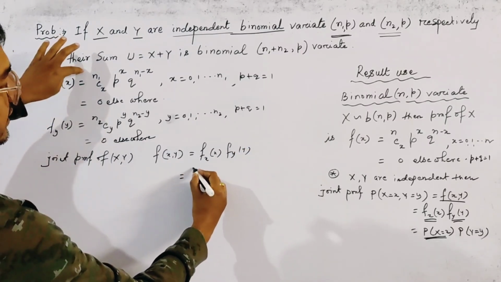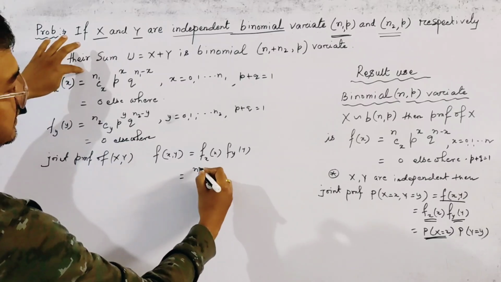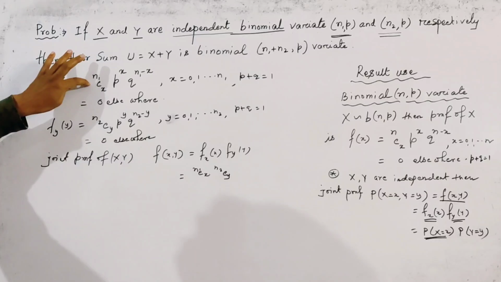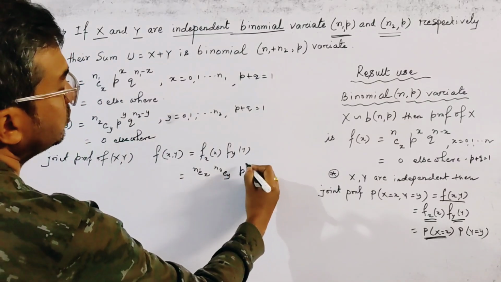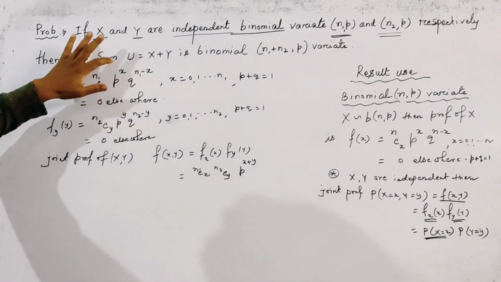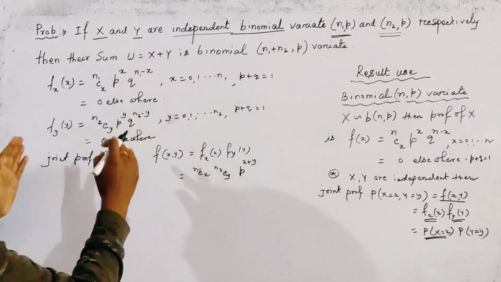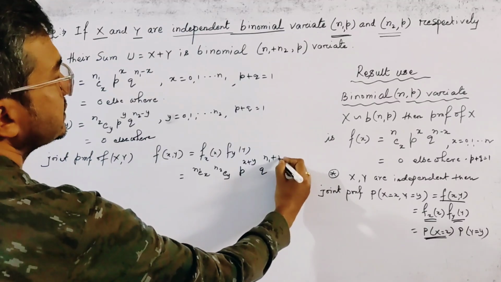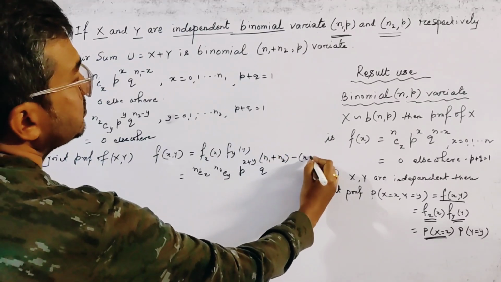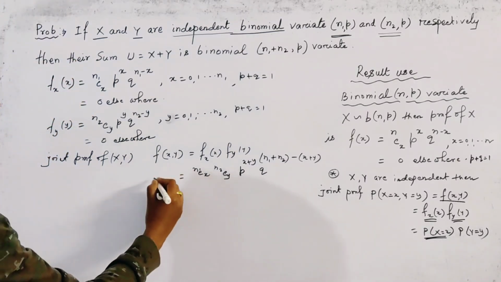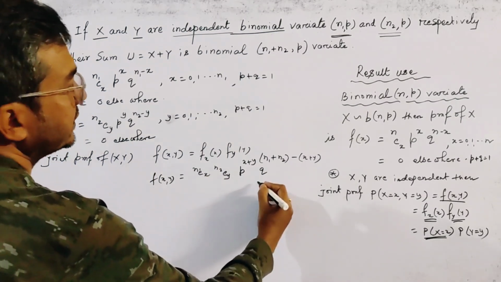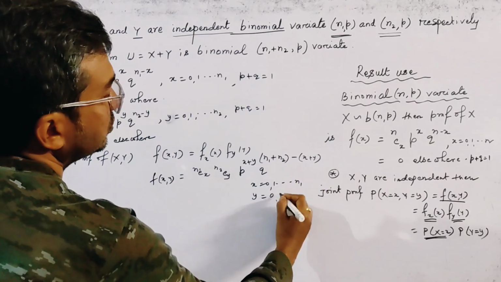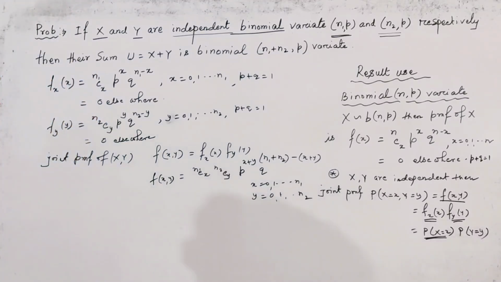That is, n1Cx into n2Cy into p to the power x plus y, because here p to the power x into p to the power y, we directly use the rule of multiplication, and q to the power n1 plus n2 minus (x plus y). Okay, this is the joint PMF f(x,y), and the ranges are x equal to 0, 1 to n1, and y equal to 0, 1 to n2, and 0 elsewhere.